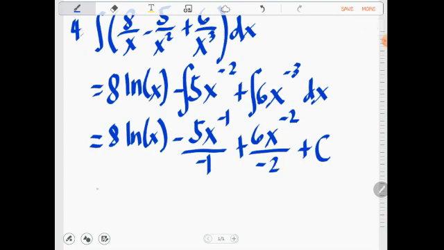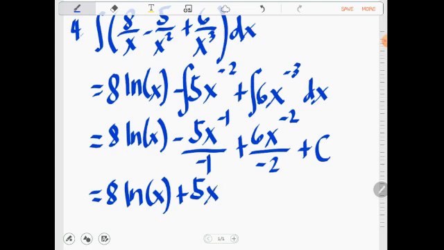So, this will give us the value of 8 ln of x. Ito ay magiging positive na kasi negative 5 all over negative 1 is positive 5. Okay? So, plus 5. Tapos yung x natin ay pwede nang nasa ibaba. Bakit? Kasi gagawin natin siyang denominator. Pag binaba natin siya sa denominator, yung kanyang exponent ay magiging positive.